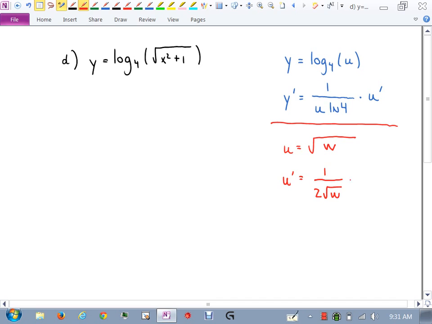But then because of chain rule, what do I tack on to the end of that? Times, careful, w prime, right? You're doing it all in one step. That's fine. Does that make sense? Okay, but since you broke it down further, you have to tell me what w is. In this case, it's x squared plus 1, and you're going to need to be able to tell me what the derivative of that is, which in this case is 2x.